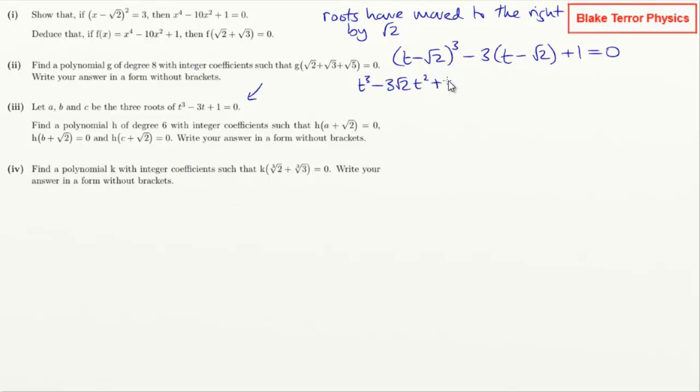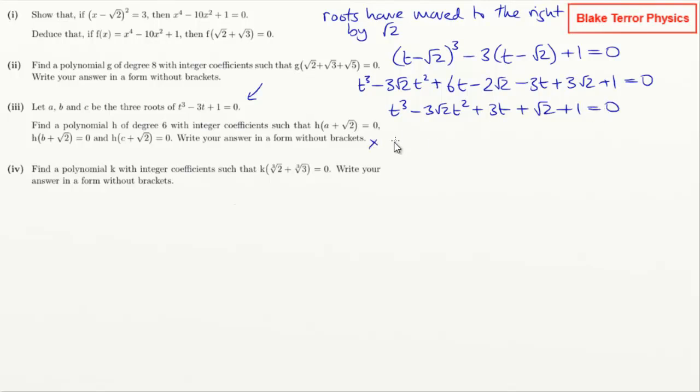Then it will be plus 6t. And then minus 2 root 2. Minus 3t plus 3 root 2 plus 1 is 0. So that's t cubed minus 3 root 2 t squared plus 3t plus root 2 plus 1 is 0.